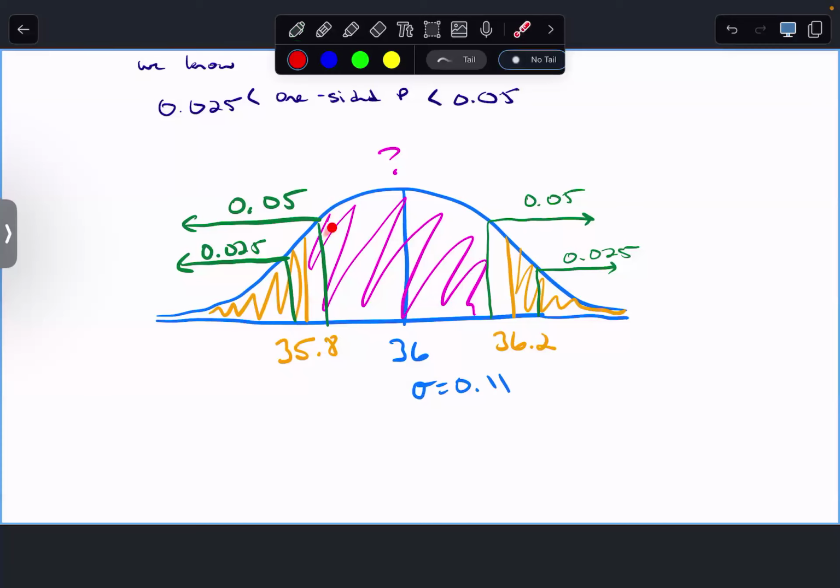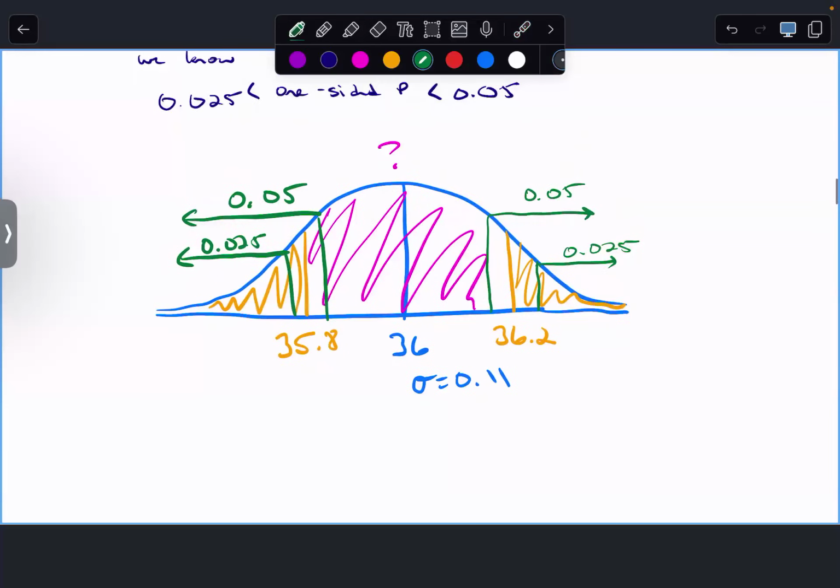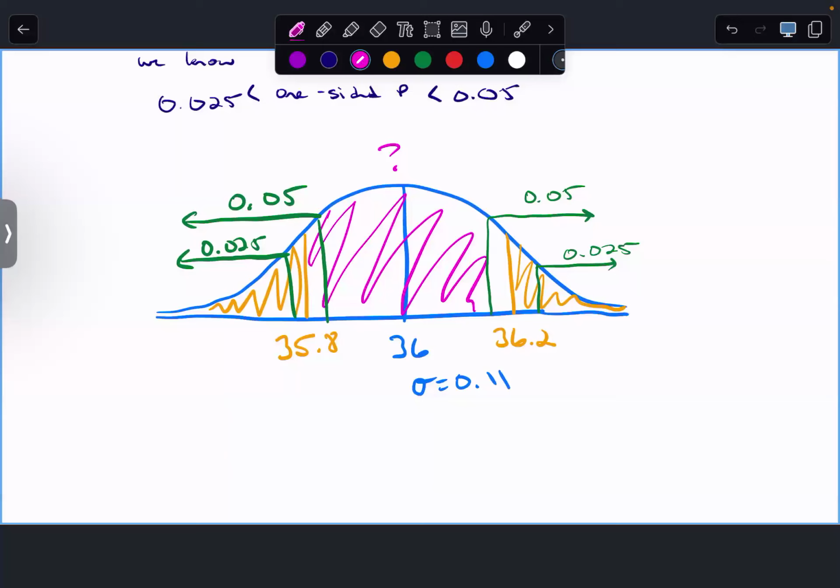What's the smallest area between this 0.05 and 0.05? That is going to be the smallest possible size for this question mark area, up to the largest size, which is where we take away 0.025 and 0.025.